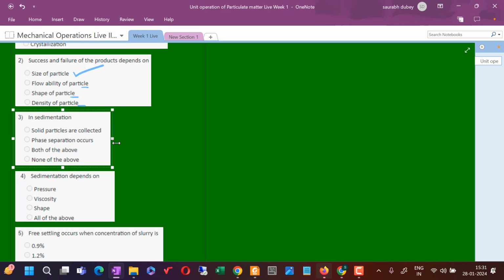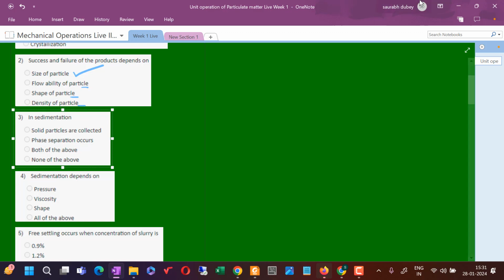Solid particles will be collected, and sometimes there will be different zones like a transition zone, then a zone rich in clarified liquid, and a zone which is rich in sludge. So sludge will be there. The main thing is that phase separation is happening over there.